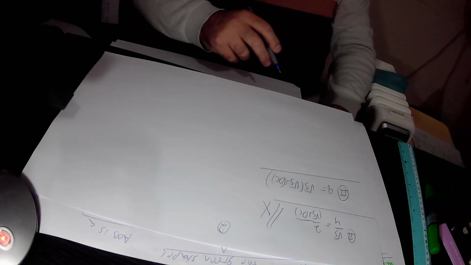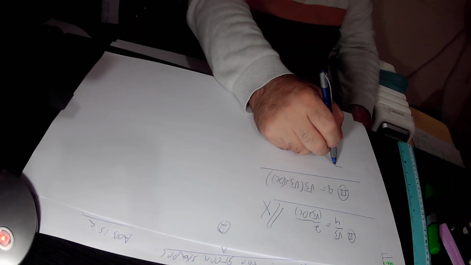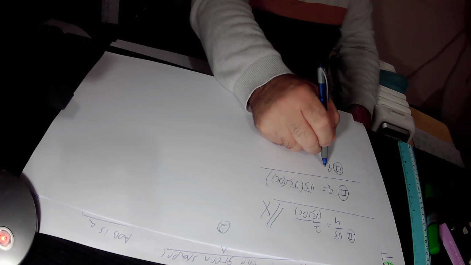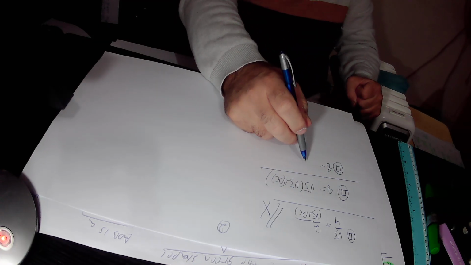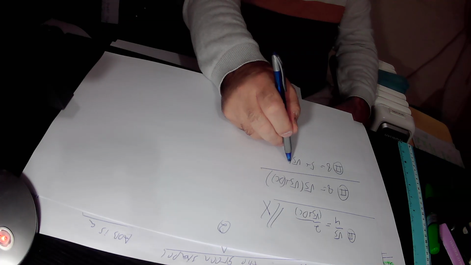Here we will open the brackets of the equation. We get that 8 equals square root of 5 times square root of 5 is 5, plus square root of 5 times DC.